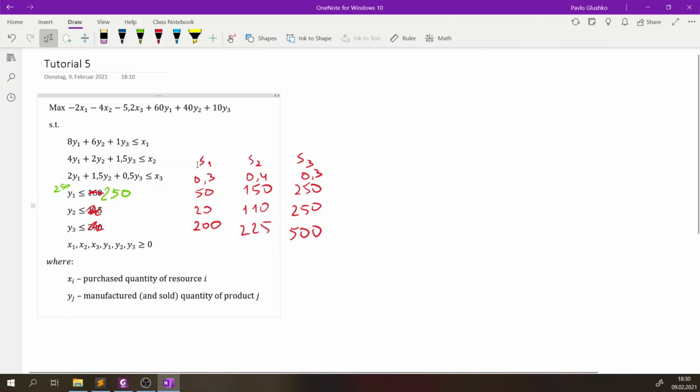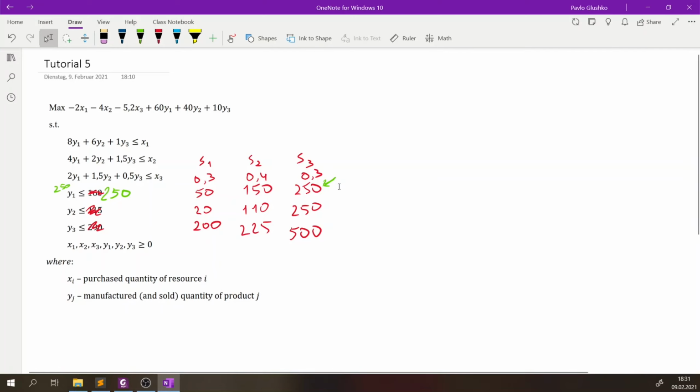But then in the future, scenario S1 realizes, and according to this scenario, the demand for the first product is 50. Therefore, when we made the decision that the production should be 250, but according to scenario 1 it should be at most 50, we will have a violation of the constraint. So we cannot choose this parameter to be in the fat solution.